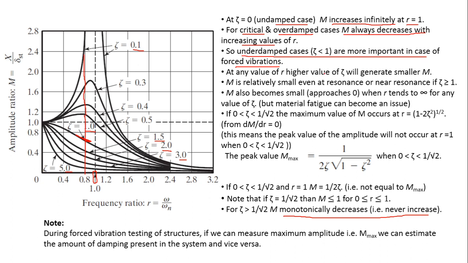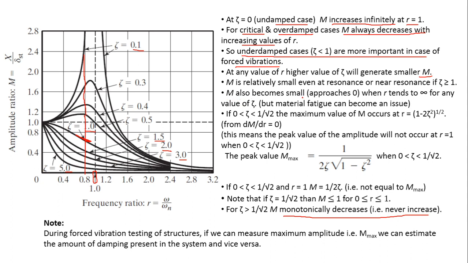So at any value of r, higher values of zeta will generate a smaller m. M is relatively small even at or near resonance if zeta is greater than 1, right? So this we have already discussed.